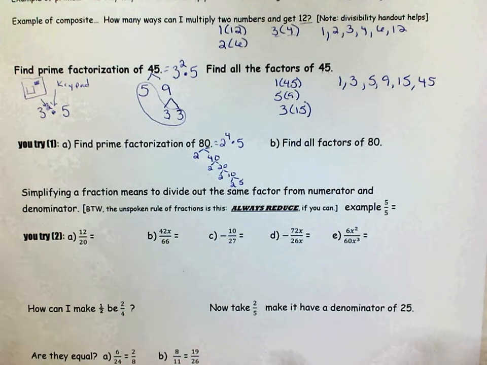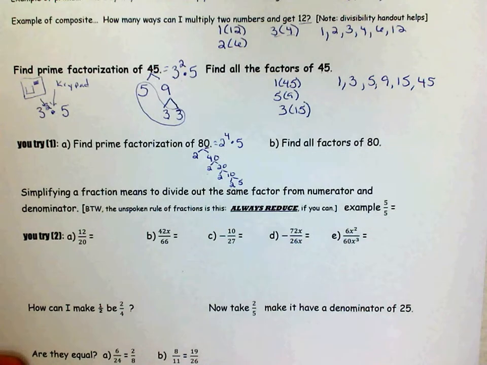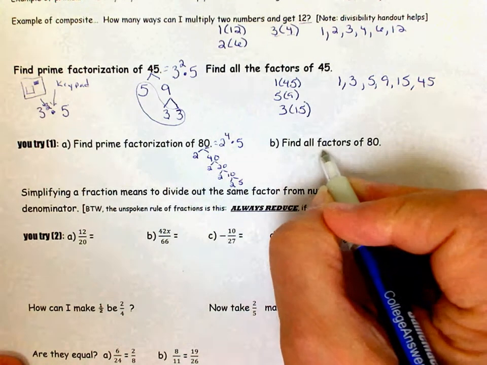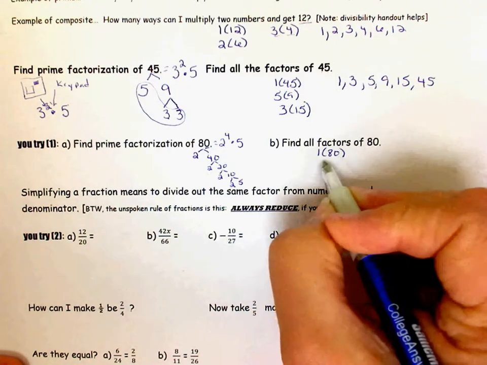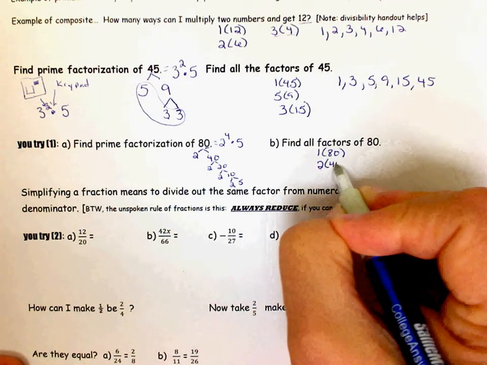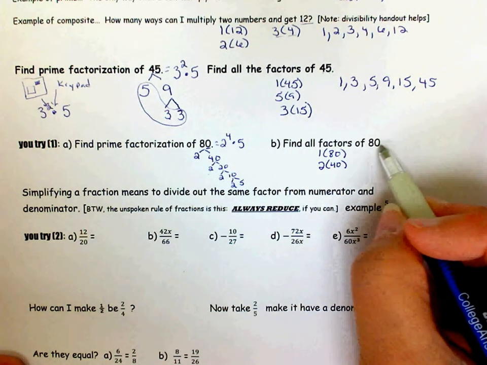Now, finding all of the factors. And just as I've said in so many of the other videos, if you don't understand this, you seriously need to ask questions now. Now, finding all of the factors of 80. 1 times 80 is 80. 2 times 40 is 80. Does 3 go? Well, 8 plus 0 is 8.